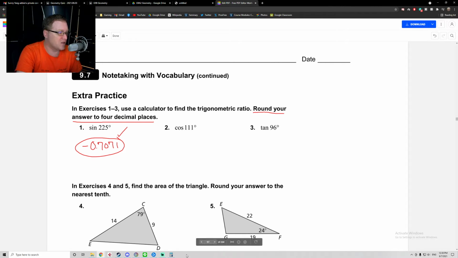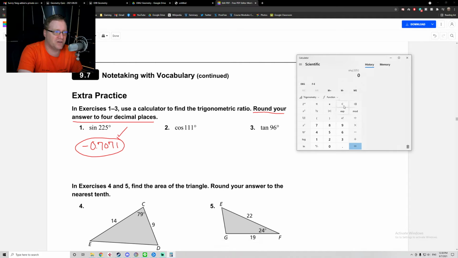Next, cosine of 111 degrees. How do we do that? We just write 111, and then we find the cosine, and we hit it. And I got negative 0.35836.